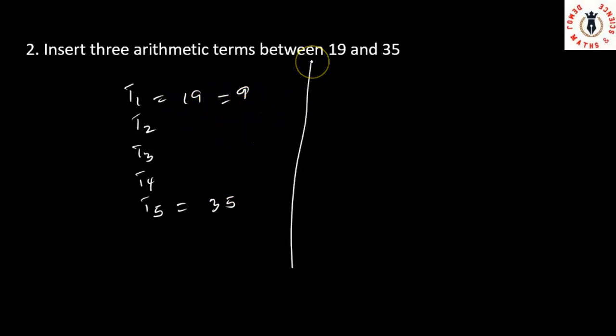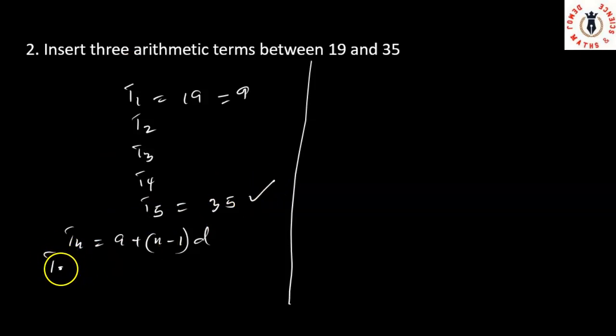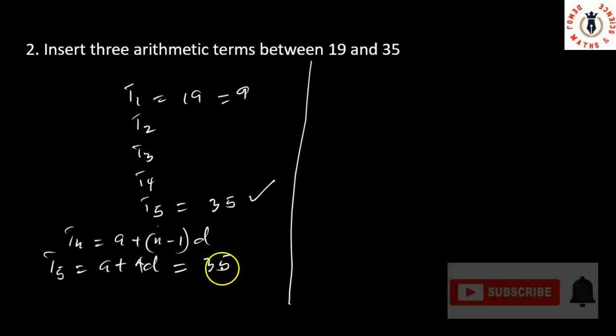Remember once again that tn is equal to a plus (n minus 1) times d. Let's work with t5 now. So t5 is equal to a plus (5 minus 1), that's 4d, and that's equal to 35.